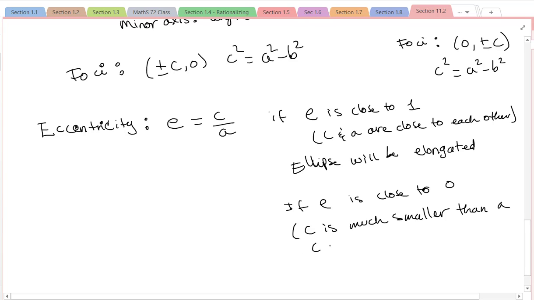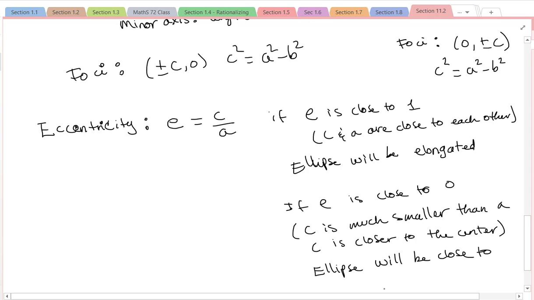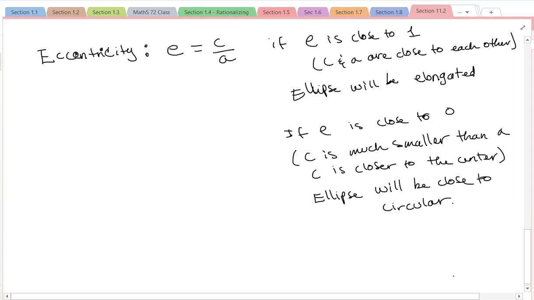So another way to say this is c is closer to the center, then the ellipse will be close to a circle. Close to circular.